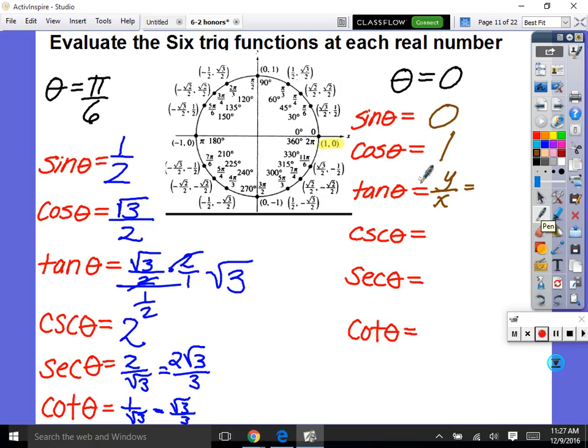Cosine is x, sine is y. So it's 1 over 0. Which, what? Why is it 0? Oh, duh. We did that, I did that on the other one. Well, isn't it? It's y divided by, oh, y is sine. Duh.